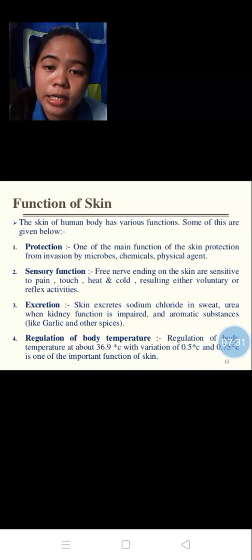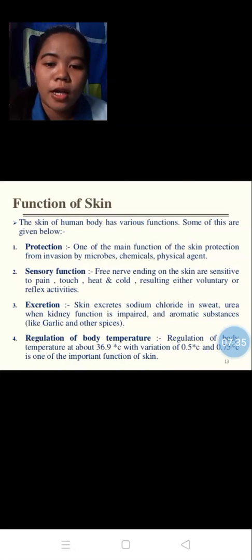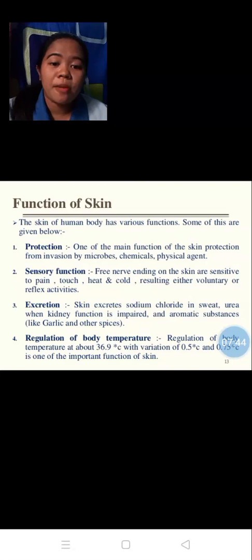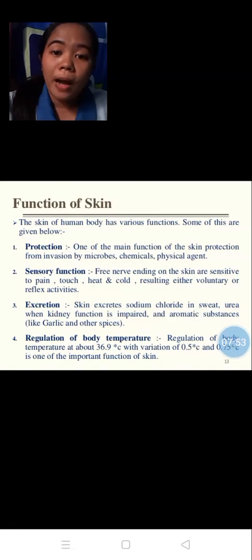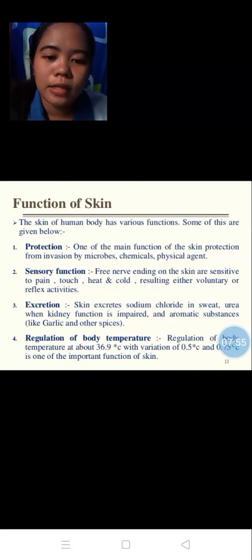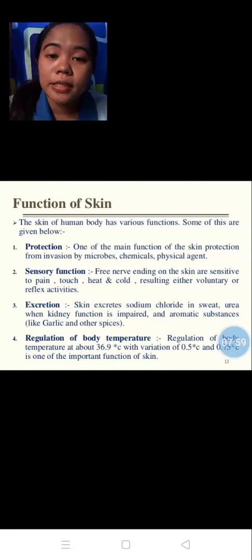And excretion. The skin excretes sodium chloride in sweat, urea when kidney function is impaired, and aromatic substances like garlic and other spices. Excretion means our body releases waste, if ever we are ill, through sweat. If we have a kidney problem, we excrete it through urine.